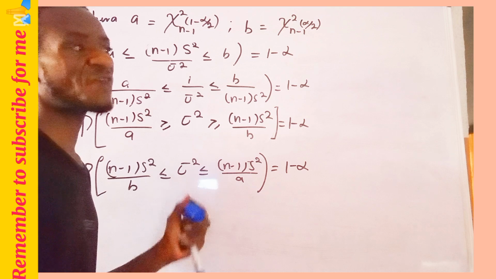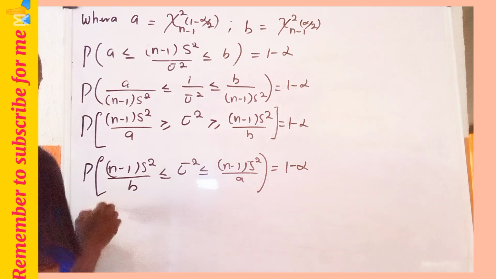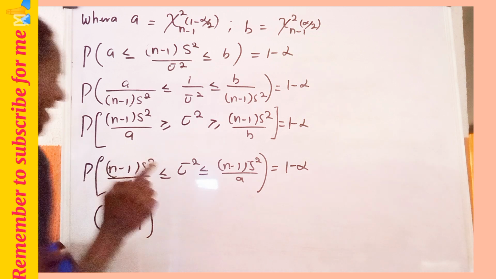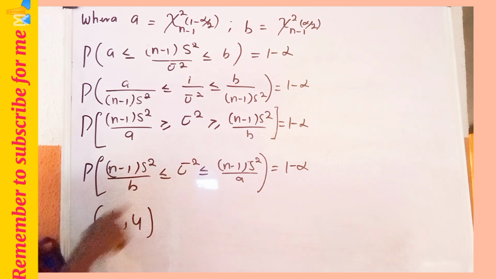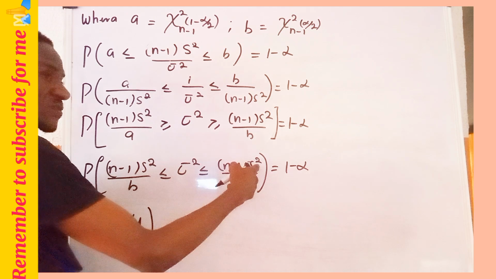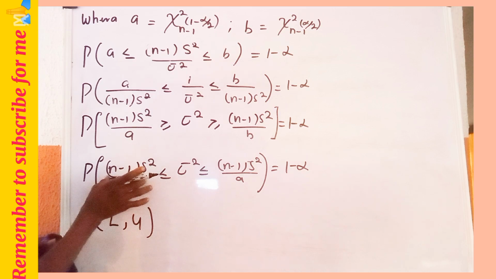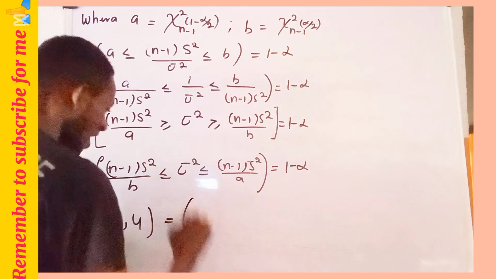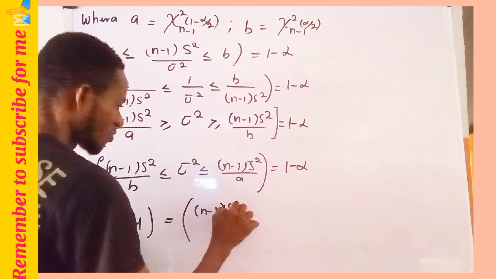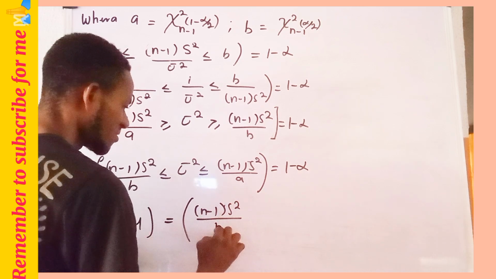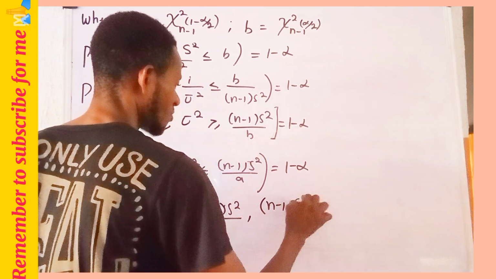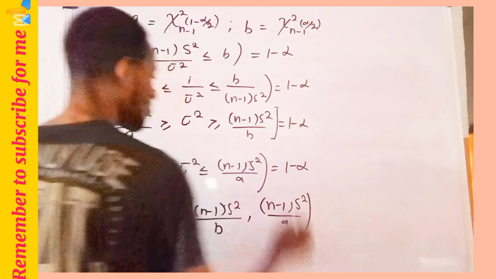Let me call those L and U. So I now have the interval L, U, which is going to bound the population variance from below, and from above. The lower bound is this, so the interval is (n minus 1) s squared all over B, comma, (n minus 1) s squared all over A. I will close it.